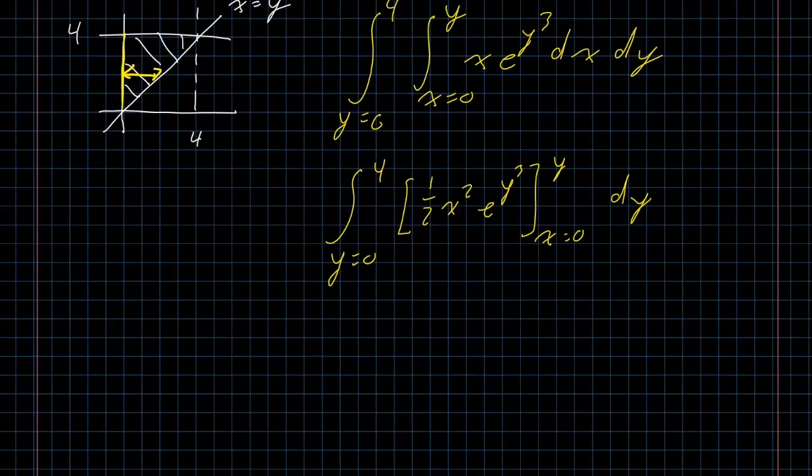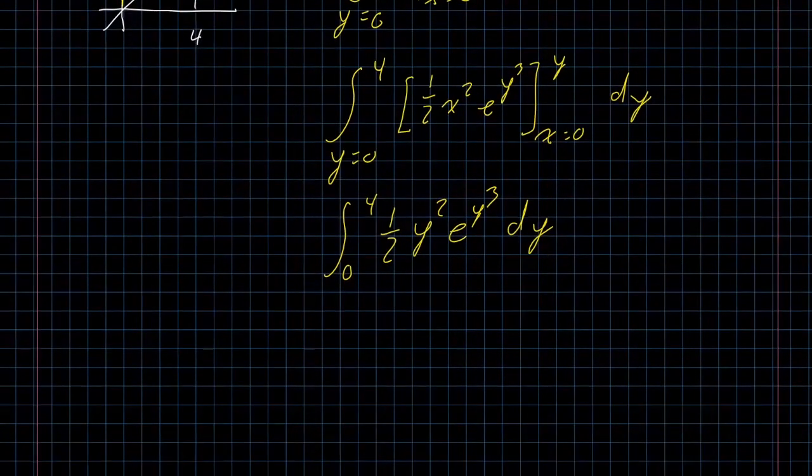When I substitute in x equals y, I get 1/2 y squared e to the y cubed. When I substitute in x equals 0, I get 0. And now, this is easy.